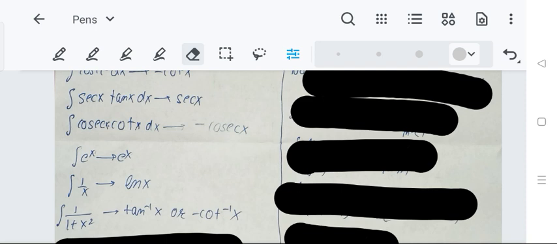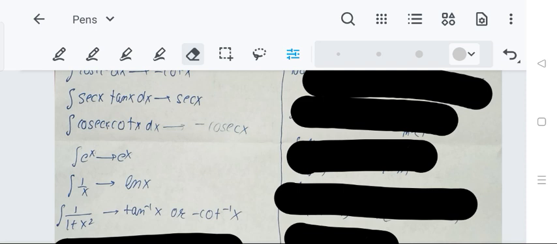Now, e raised to the power x is such a beautiful function that if you differentiate it you get e raised to the power x, and if you integrate it you get e raised to the power x. One more thing: suppose you want to integrate e raised to the power 5x.